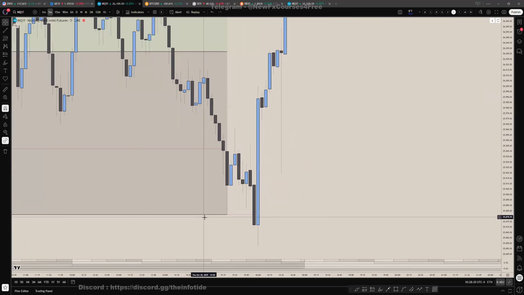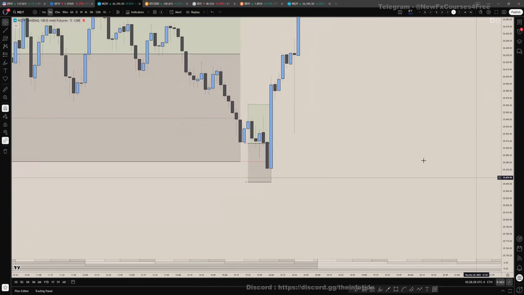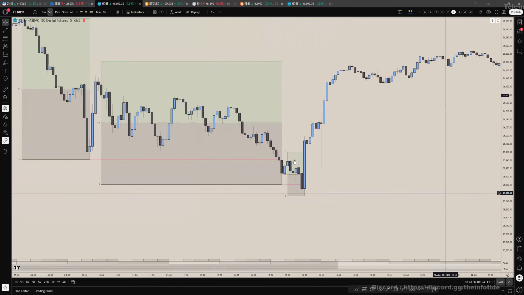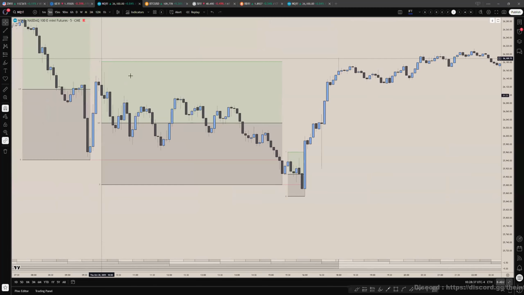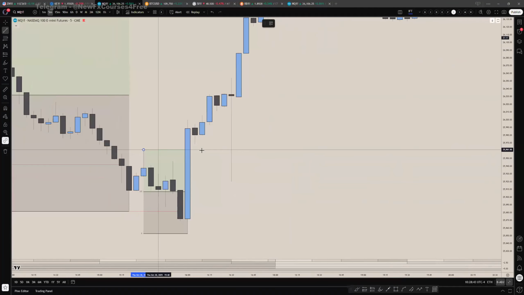It closes below this new range low, creating a new range right here from this high to this low, right? And so because this new range was created after this candle closure below the previous low, what does that give us? Lower low, lower high, lower low, lower high, lower low, right? And so what I'm going to trail my stop loss to is the lower high.